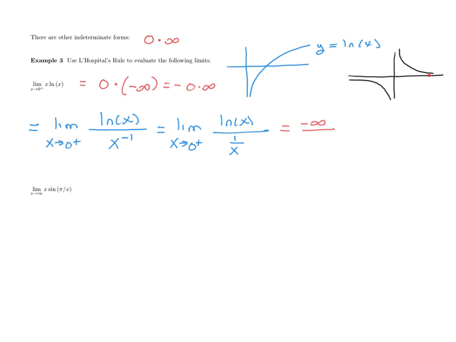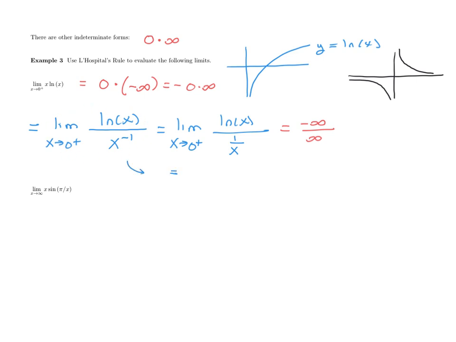As we approach 0 from the right, the function heads up towards positive infinity. Therefore, this is the denominator. This is an indeterminate form, an infinity over infinity. If you have a 0 times infinity, you can always create a fraction where you either get 0 over 0 or infinity over infinity. And that's why this is an indeterminate form. Let's now use L'Hopital's rule to figure out, well, what does this simplify to?